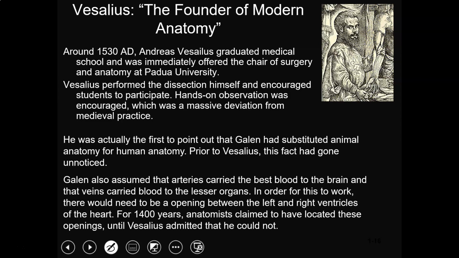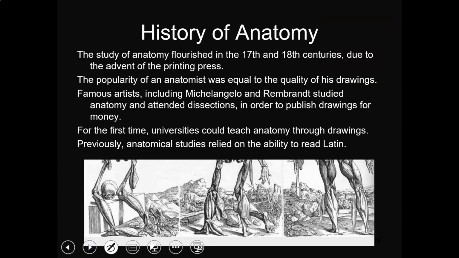So Vesalius admitted he couldn't find those openings between the ventricles of the heart and called them out on it. At some point, he actually had an artist go with him and he challenged the works of Galen drawing for drawing. Vesalius ended up becoming like a royal physician. He was very famous and well known. It worked out really well.